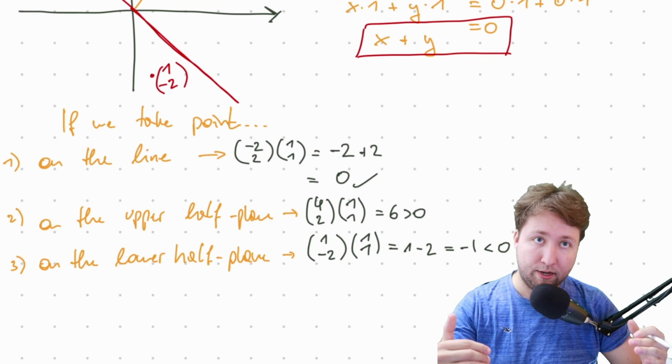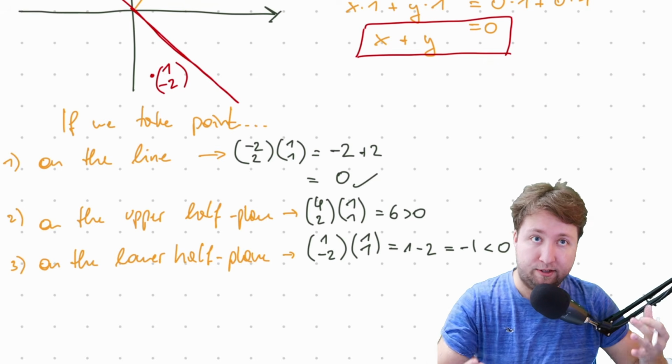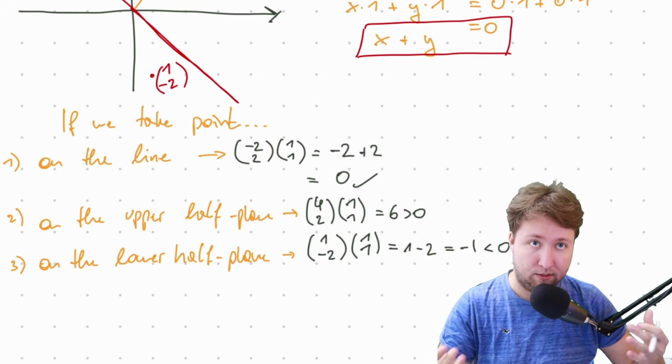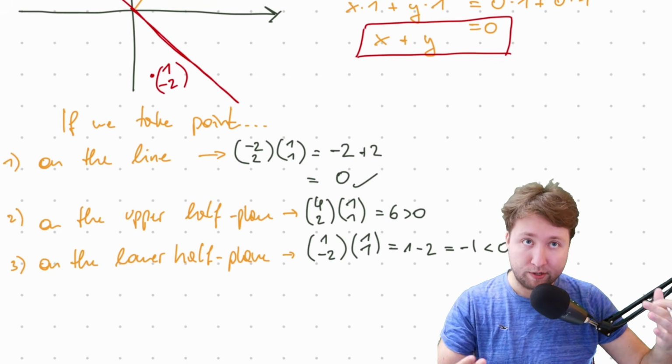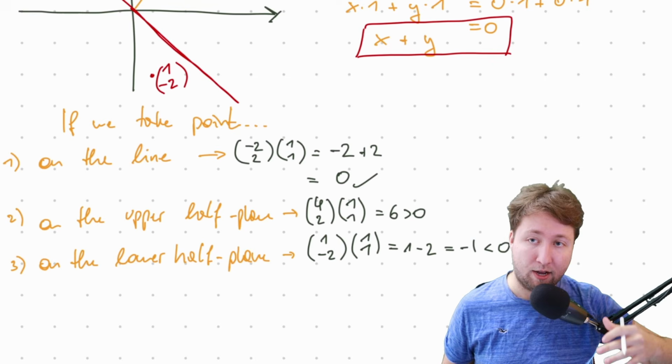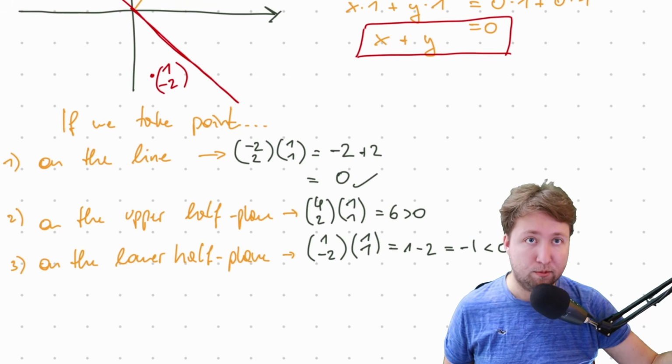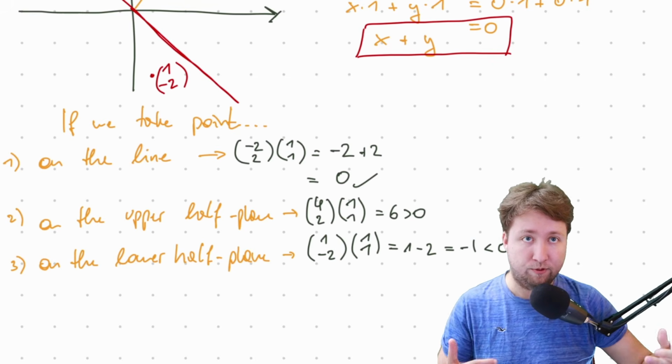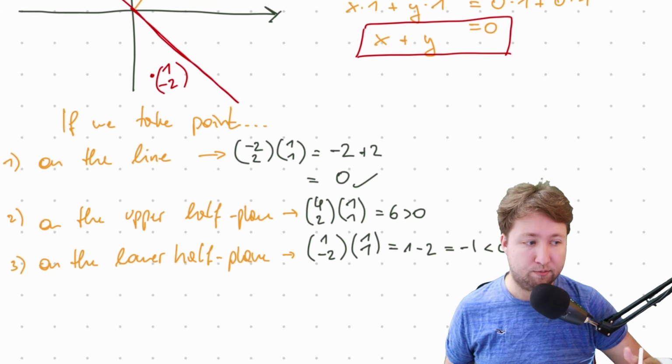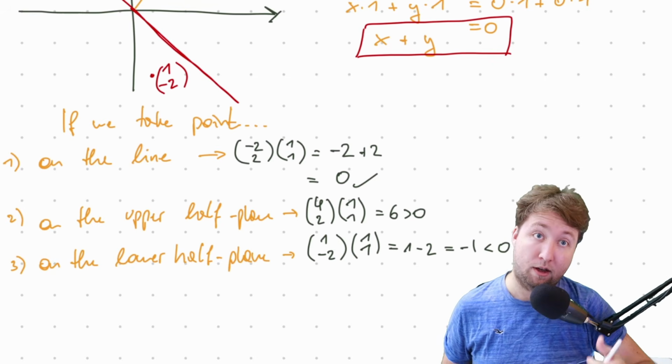All points on the line have the same displacement, which is why the normal vector equation looks like it looks. The points with more displacement lie in the half plane that's in the direction of the normal vector, and the points with less displacement lie in the other half plane.